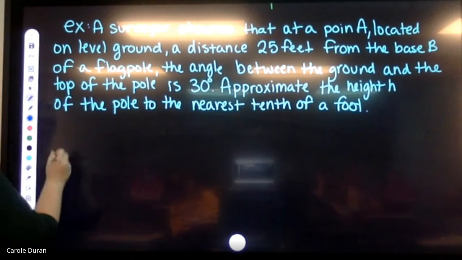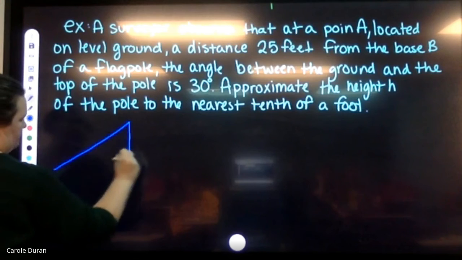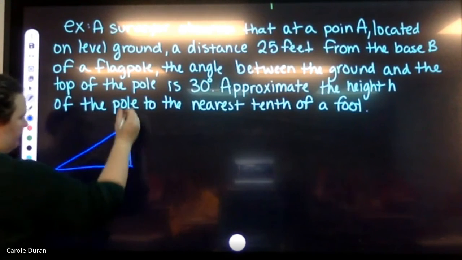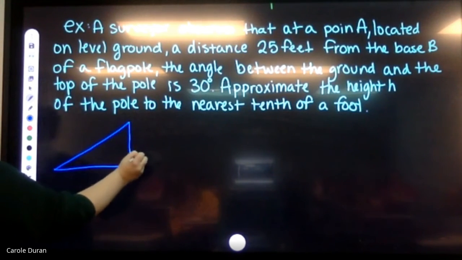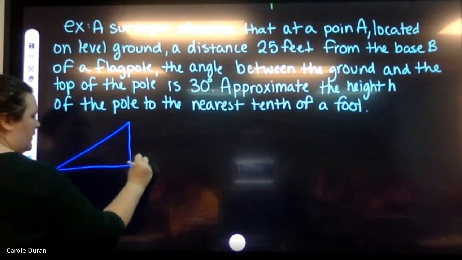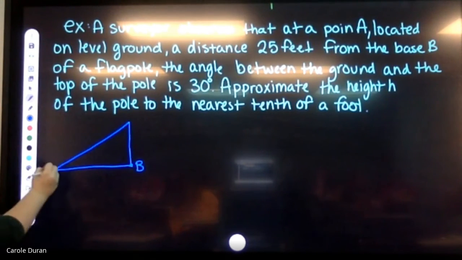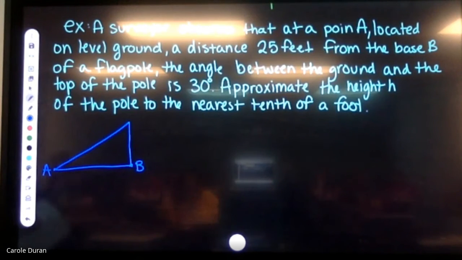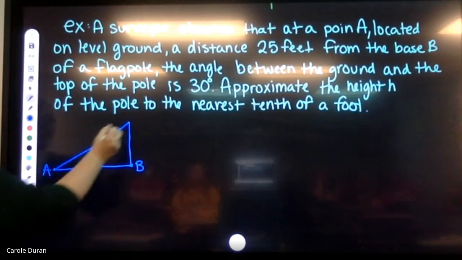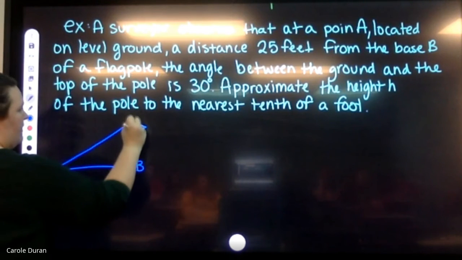Always, always. So I have a flagpole over here that intersects the ground at point B. I have point A over here, which I believe is where the surveyor is pretty much standing. And I know that this side is a flagpole.